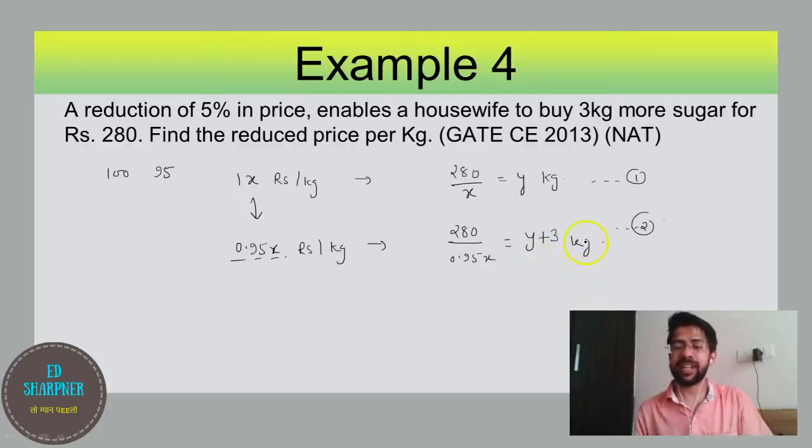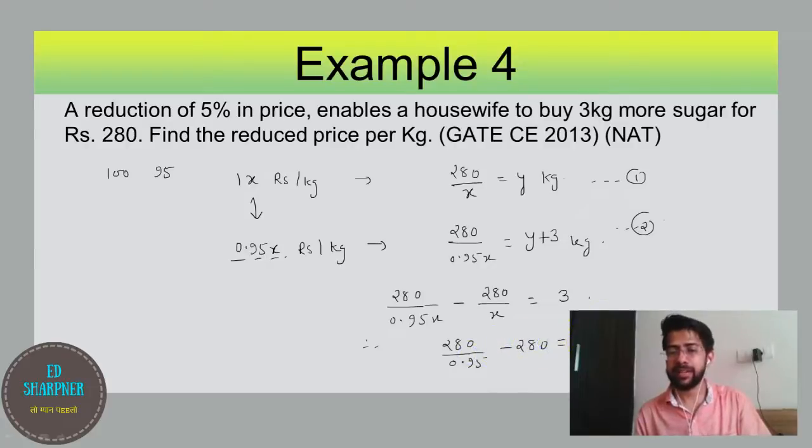So I can just subtract equation number 1 from equation number 2, which gives me 280 divided by 0.95x minus 280 divided by x is equal to 3. If I solve this, I can transfer x to the right hand side. I get 280 by 0.95 minus 280.